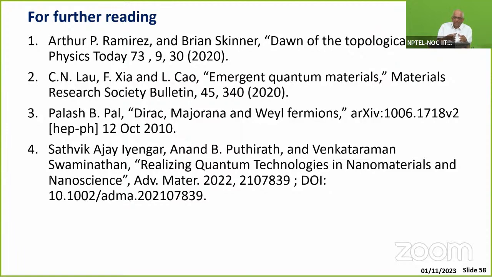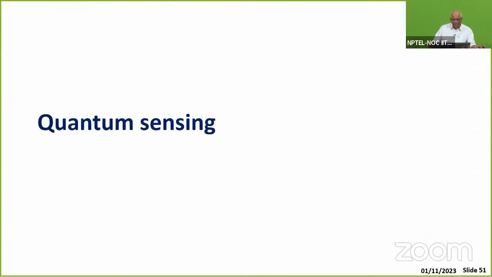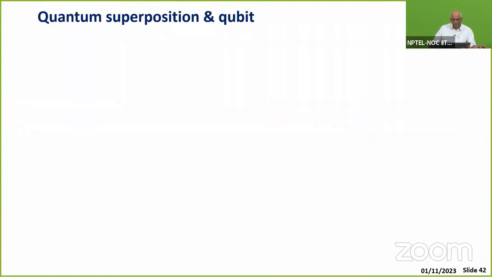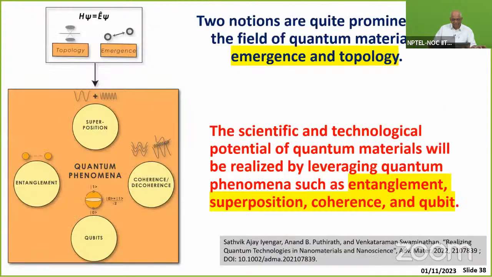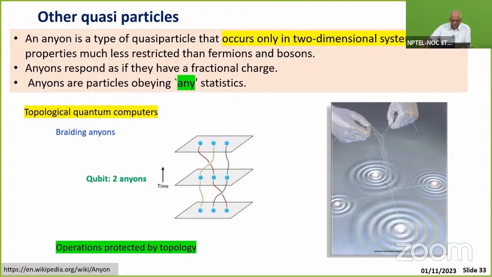In the cartoon picture that I showed you, one anyon, when the other is exchanging its place, can sort of braid around it. So you can make these braids. That is the braiding of anyons.